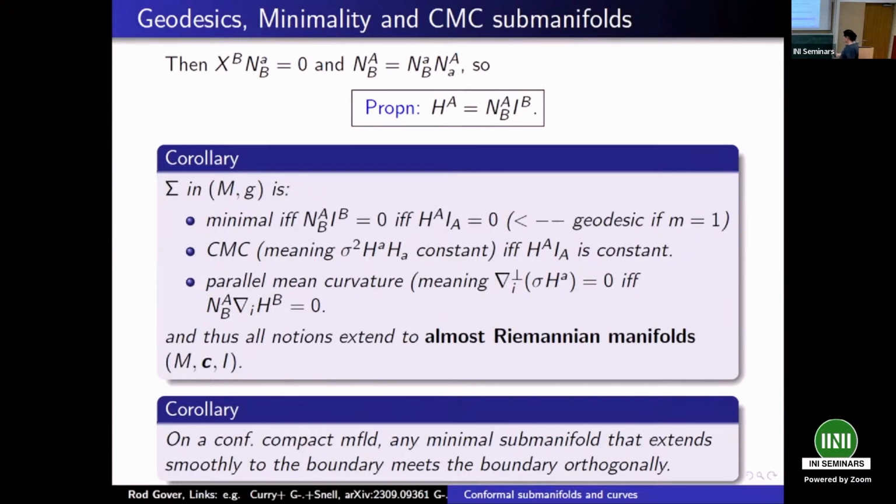And in particular, once you have this notion, everything extends to the boundary. And what you see, for instance, is that it's easy to see from this conclusion that if you have a minimal submanifold, then it has to meet the boundary orthogonally.